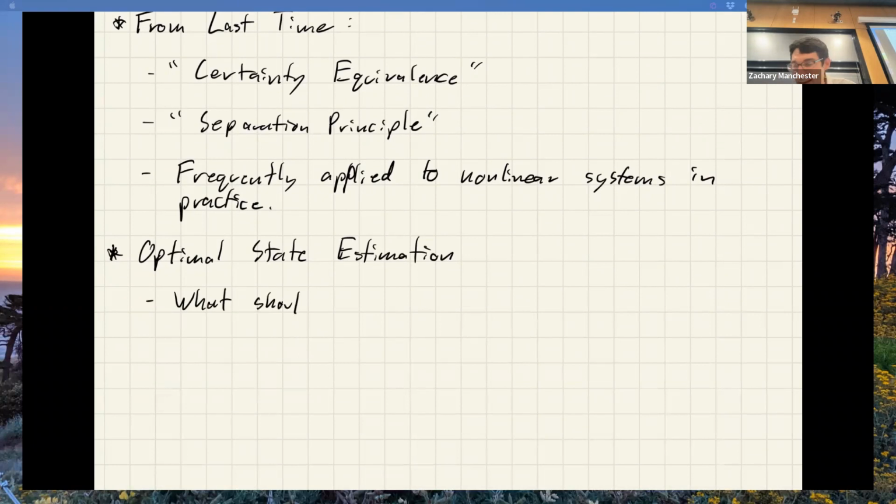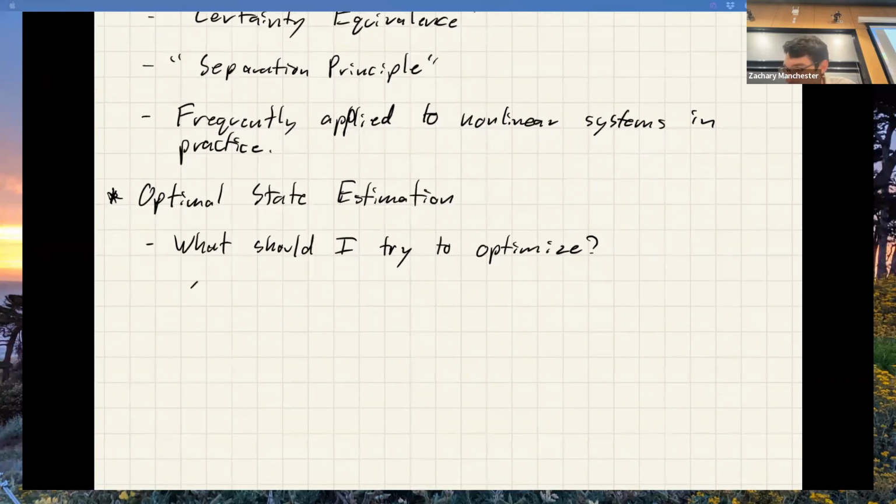I say optimal state estimation. What does optimal mean? I'll draw a picture. We talked about how you've got this conditional distribution over your state. So let's draw, in one dimension, X and P of X. Let's say we've got some funky looking distribution like this.